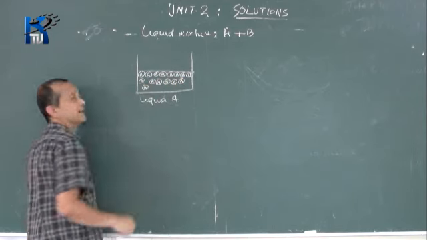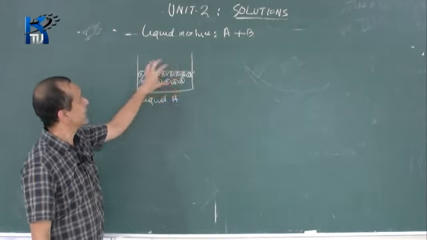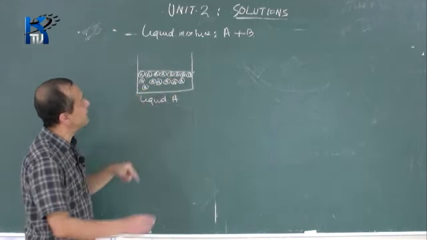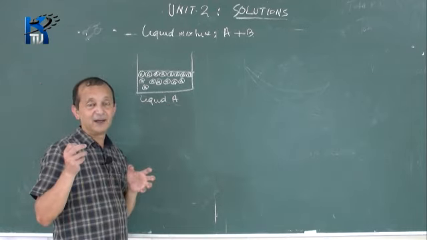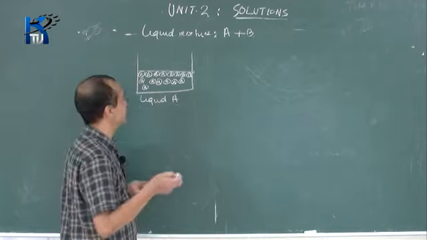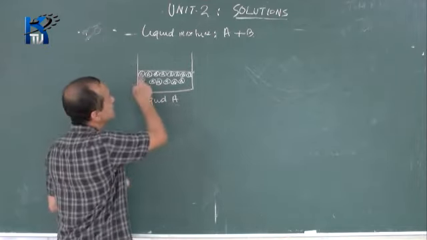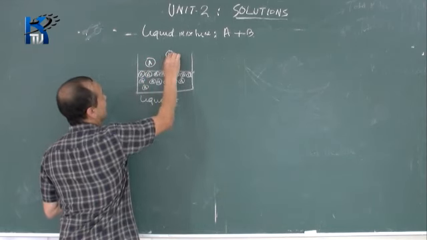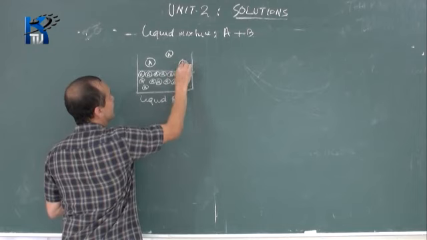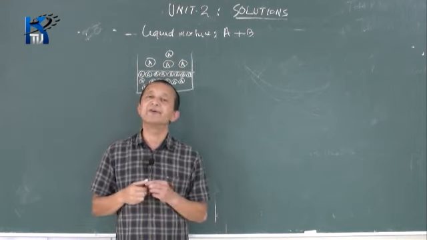So how is the vapor produced? What happens during evaporation is molecules on the surface will escape above the surface, and thereby what is produced is vapors of A.